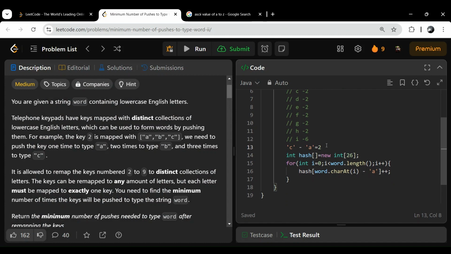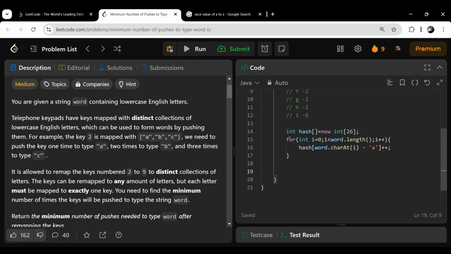So we are placing c at index 2, we are placing a at index 0, and then up to index 25, z minus a will be index 25. Okay, so this is how we are counting the number of characters in a string.